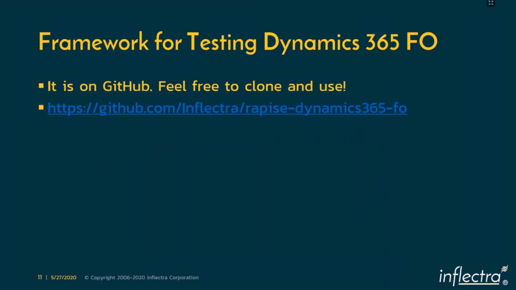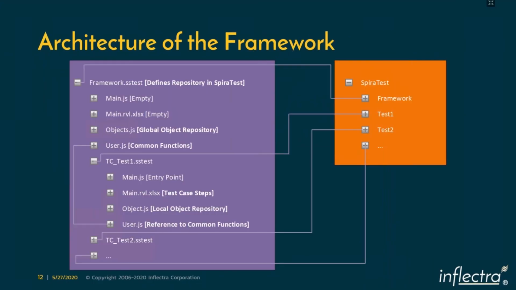Returning to our slides. For those who are a bit familiar with how Rapise works, this is the high-level architecture of the framework. The framework has a root test, and this root test contains subtests. Those subtests implement test cases. So here we have test case test 1. The root test contains the global object repository that contains objects that may be used by all the test cases. It also has common functions that may be used by every test case as well.